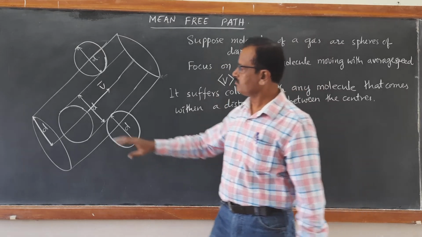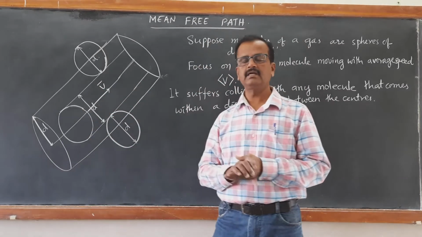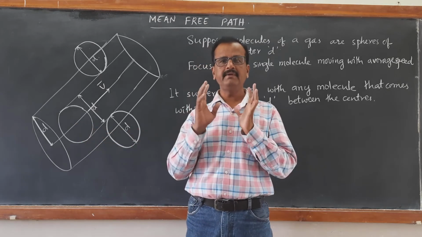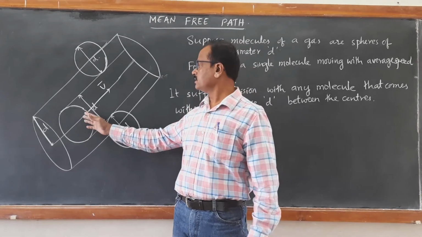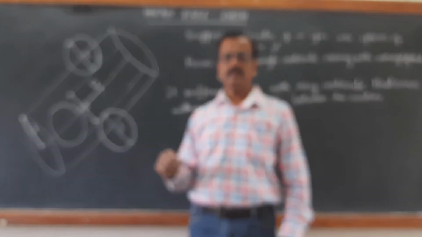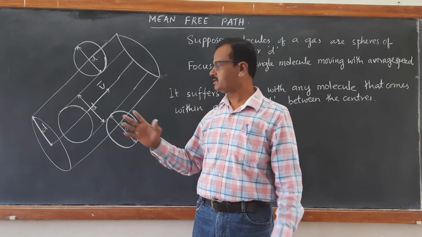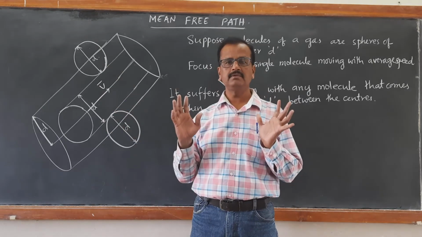Now consider one molecule which is moving with a certain average speed. Consider a molecule of diameter d moving with average speed v bar. Since we are considering similar molecules, all the molecules are of the same diameter.